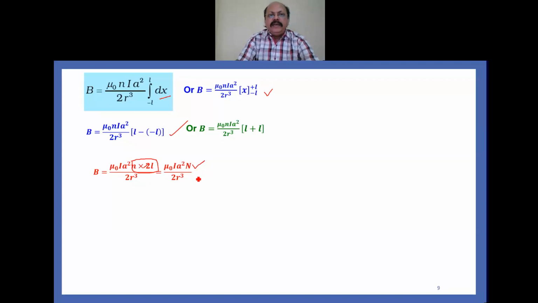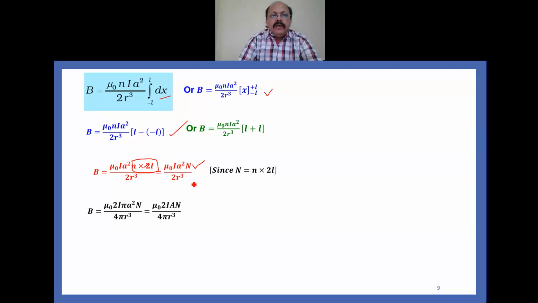So that's why now B equal to mu naught I a square N upon 2r cube.